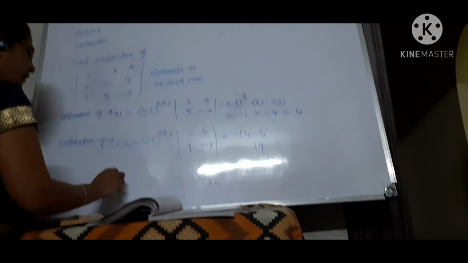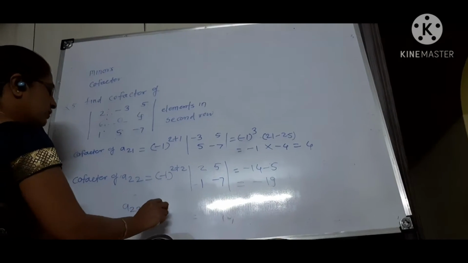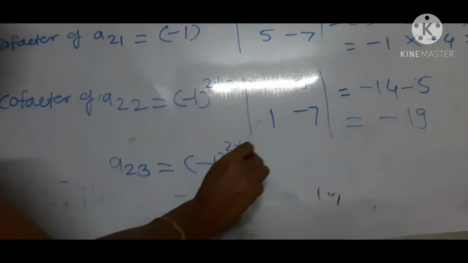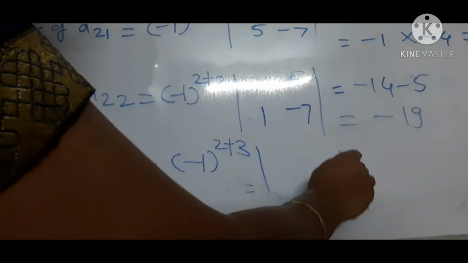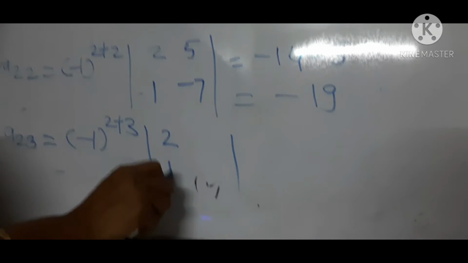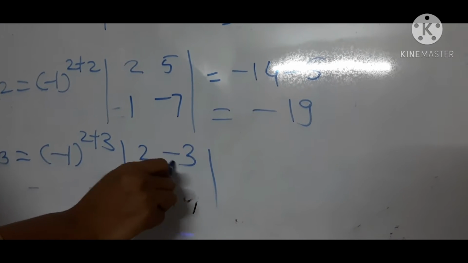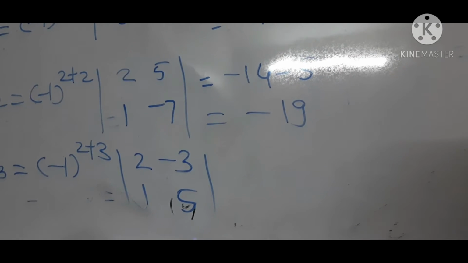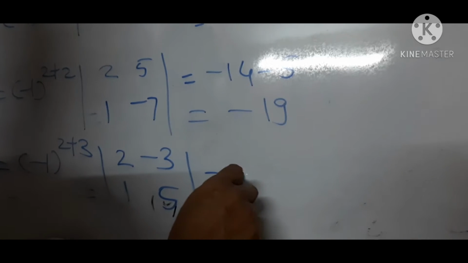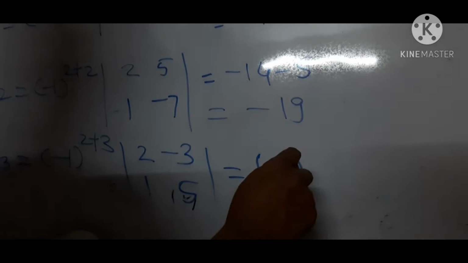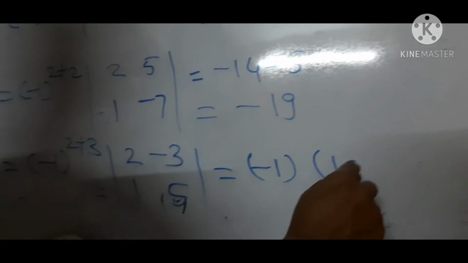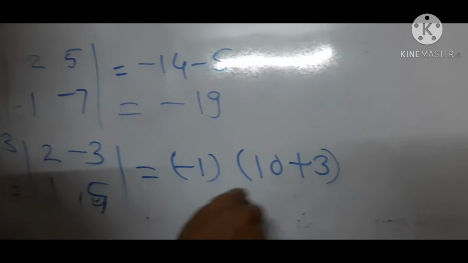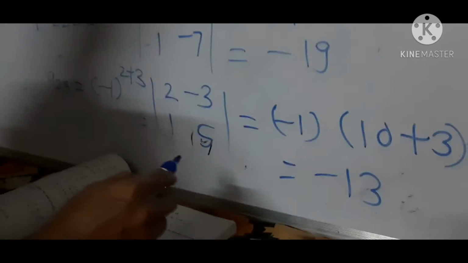Cofactor of A23 is equal to minus 1 raised to 2 plus 3, second row, third column. Elements 2, 1, minus 3, 5. So this is equal to minus 1 raised to 5, which is minus 1, into (10 plus 3), which is minus 13. So in this way we can find the cofactor of these elements.